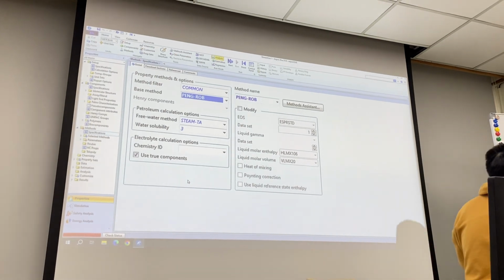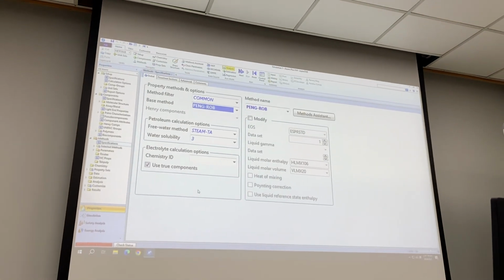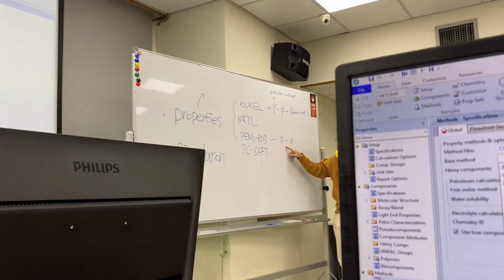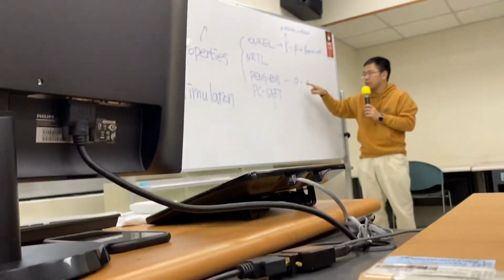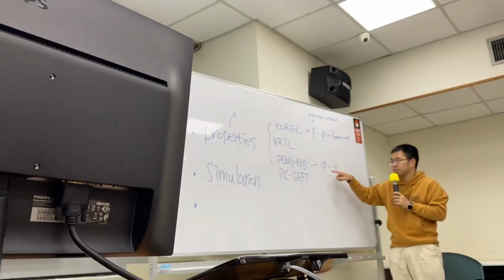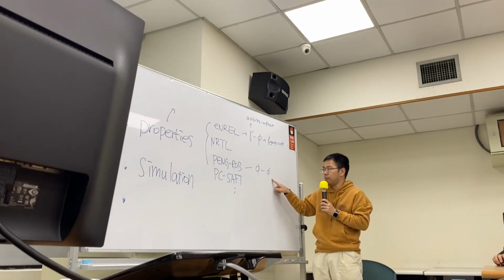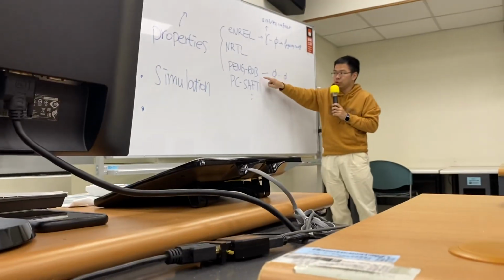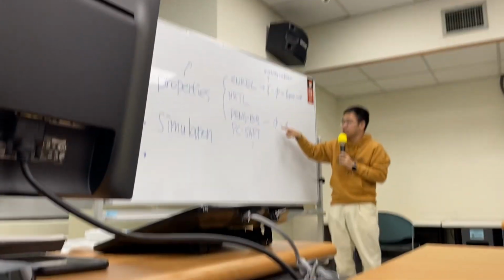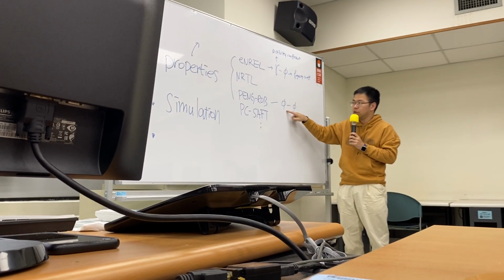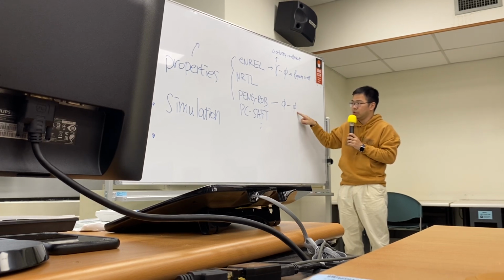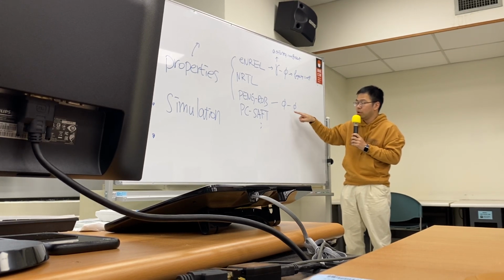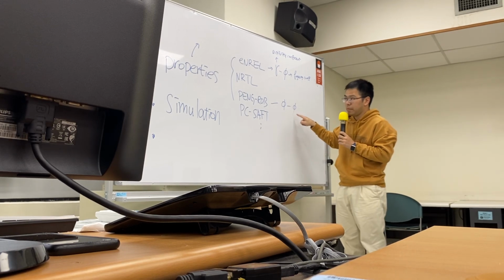Please be reminded that when you choose this method, you are basically calculating the non-ideality of the system using an equation of state method, and it uses a single equation of state, Peng-Robinson, to estimate the fugacity coefficient of a component in the vapor phase and liquid phase. It also calls the Find method.